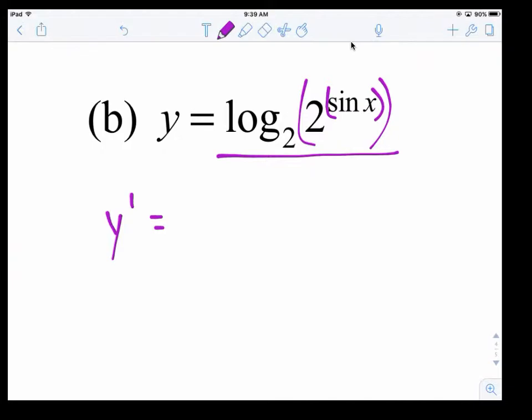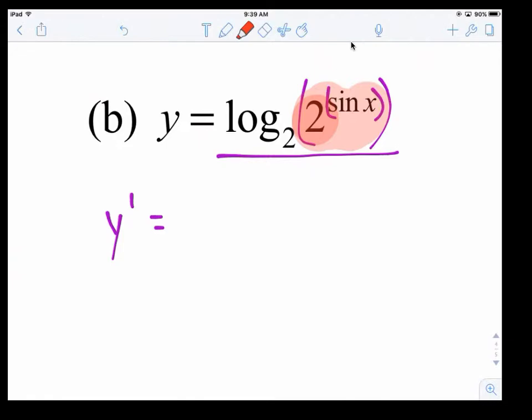Well, actually, that's a good point. See how our base here is 2? What base are we taking the log of? So this exponential here, what's the base there? Forget the log part. 2, right?